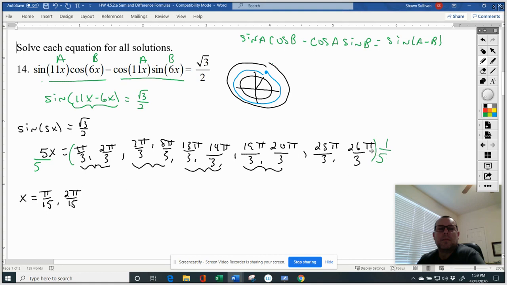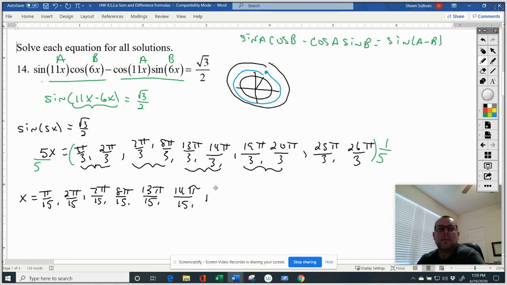Because this 1/5 is multiplying term by term. And so all of our denominators are just going to turn into 15, because all of our denominators are the same. And we're just going to write it out. 7 pi over 15, and then 8 pi over 15, 13 pi over 15, 14 pi over 15.